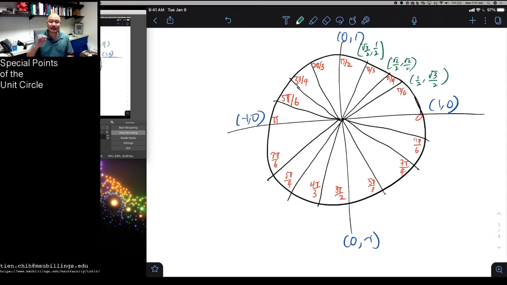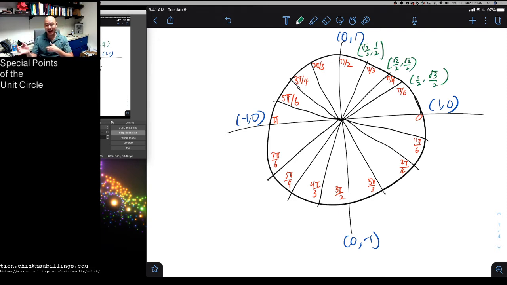So in the last video that we did, we looked at certain angles, pi over 6, pi over 4, pi over 3, and right triangles that had those angles and hypotenuse 1, and what the corresponding sides were.